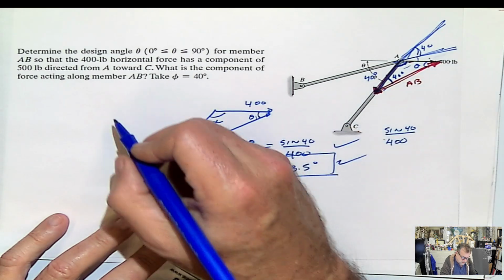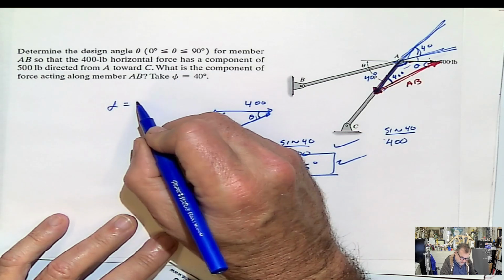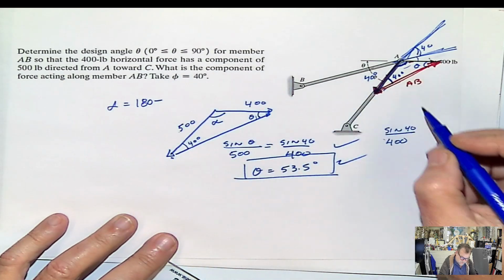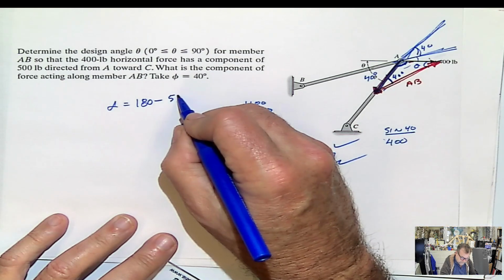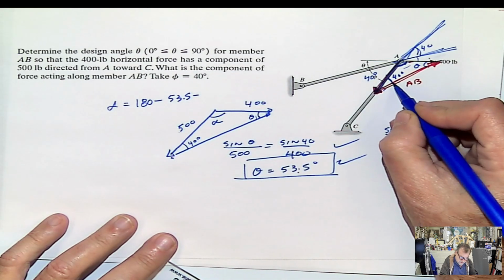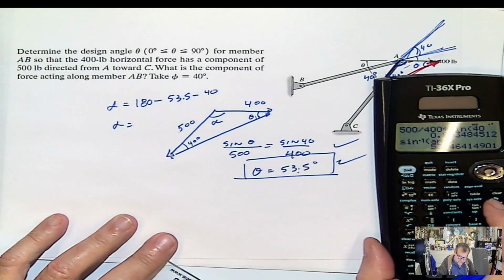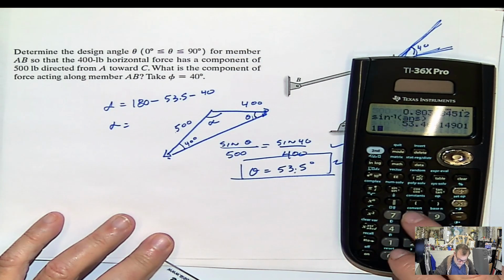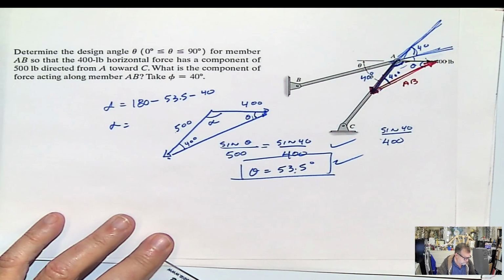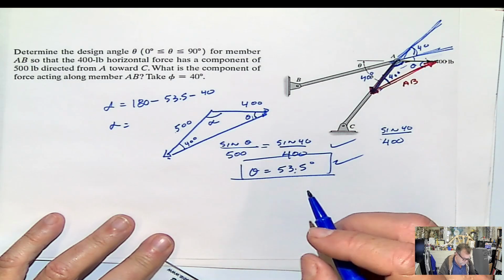So that angle, I'm going to call it alpha, is 180 minus this minus this. So that angle alpha is going to be 180 minus 93.5, 86.5. That would be that value over there.